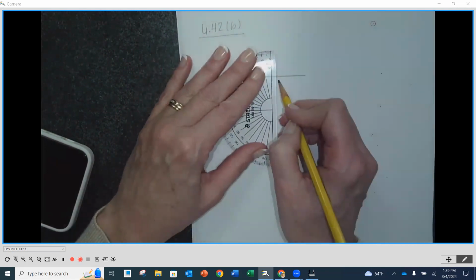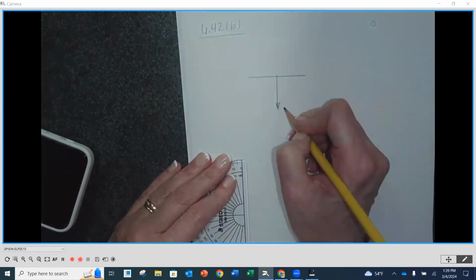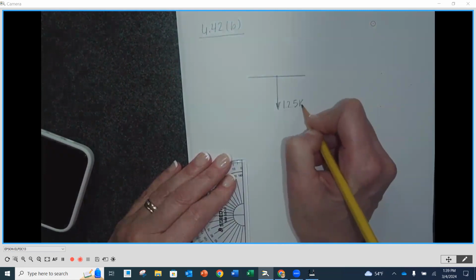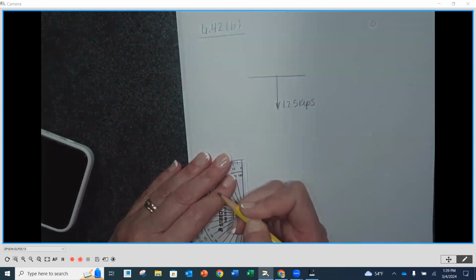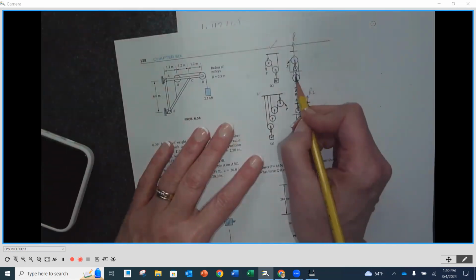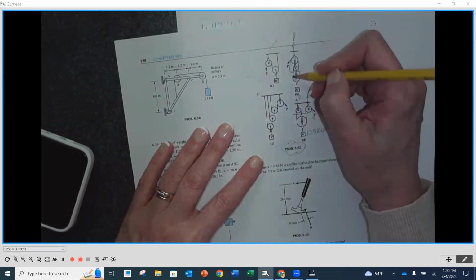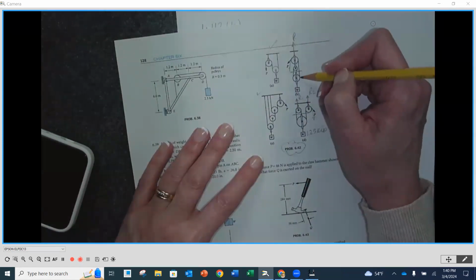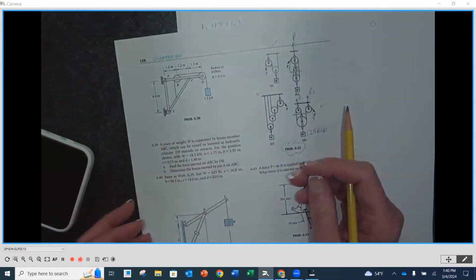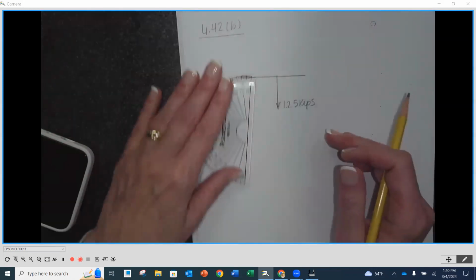So we know that at the center of the pulley, that 1.25 weight is going down, 1.25 kips, right? The weight going straight down. And now I want to show on either side and in the middle that I have 3 forces, 3 strands that are lifting in the opposite direction.